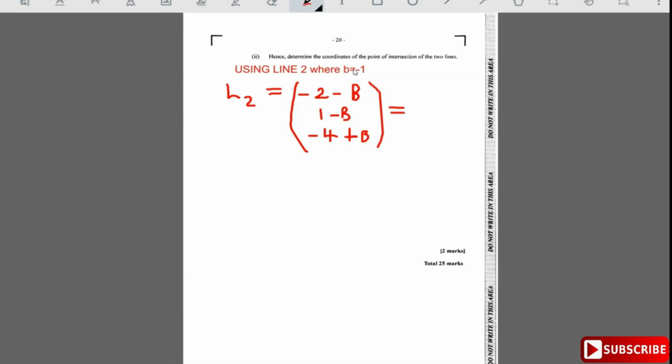So we just need to plug in beta as -1 now. Plug in -1: -2 minus 1, that's negative 3. Plug in -1 here: 1 minus -1 is 2. And then -4 plus -1 is negative 5.